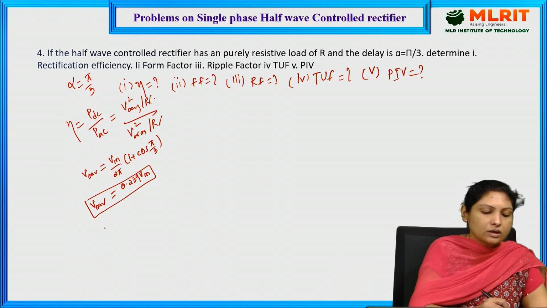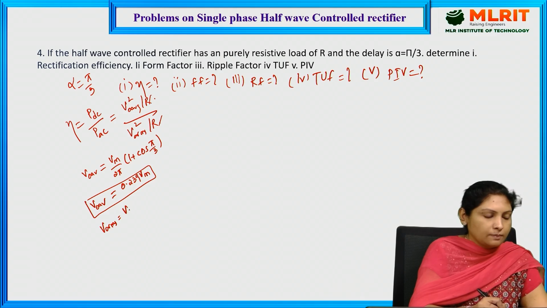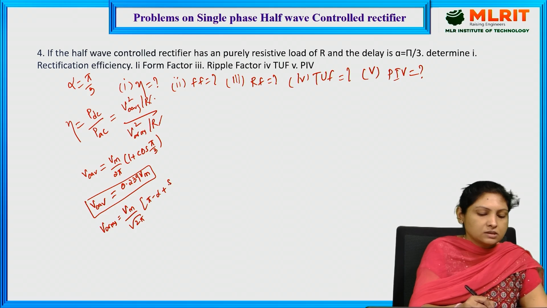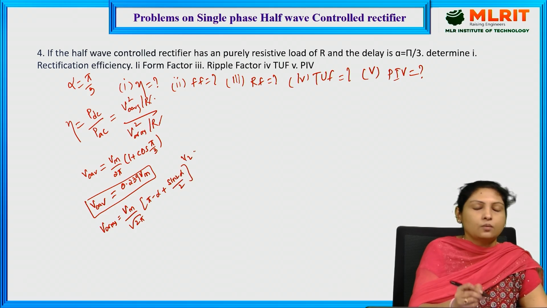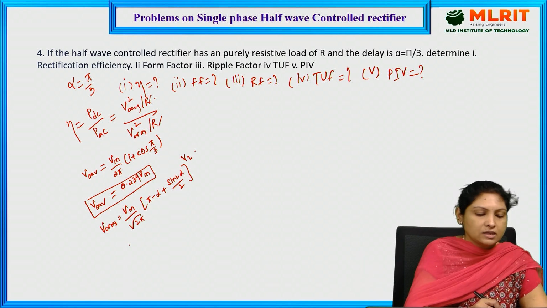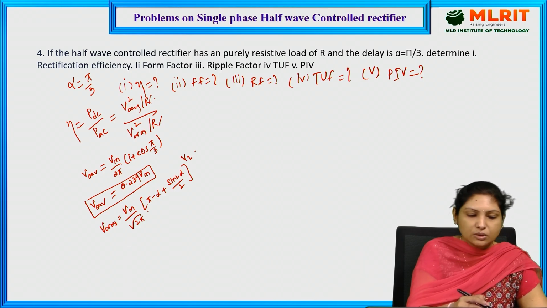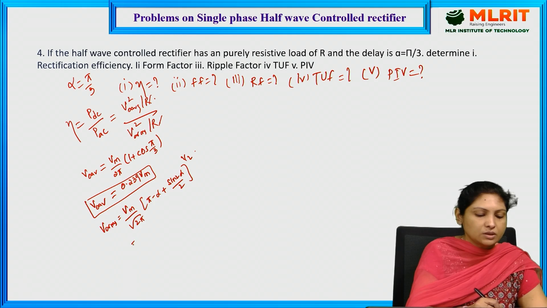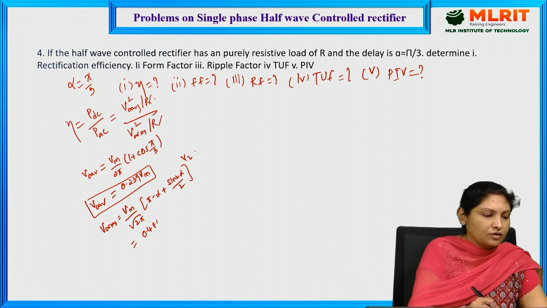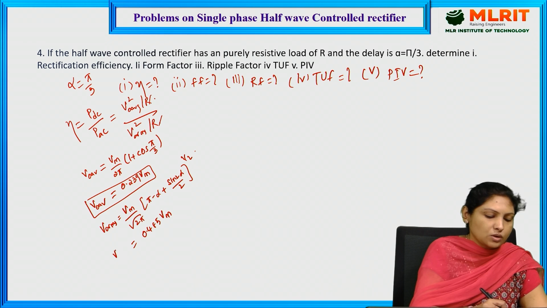And V naught RMS, we have a formula that is Vm by root 2 pi, (pi minus alpha plus sine 2 alpha by 2) whole to the power of 1 by 2. If you substitute the value of alpha, that is pi by 3, and resolve this equation, we get V naught RMS as 0.485 V maximum. This is V naught RMS.